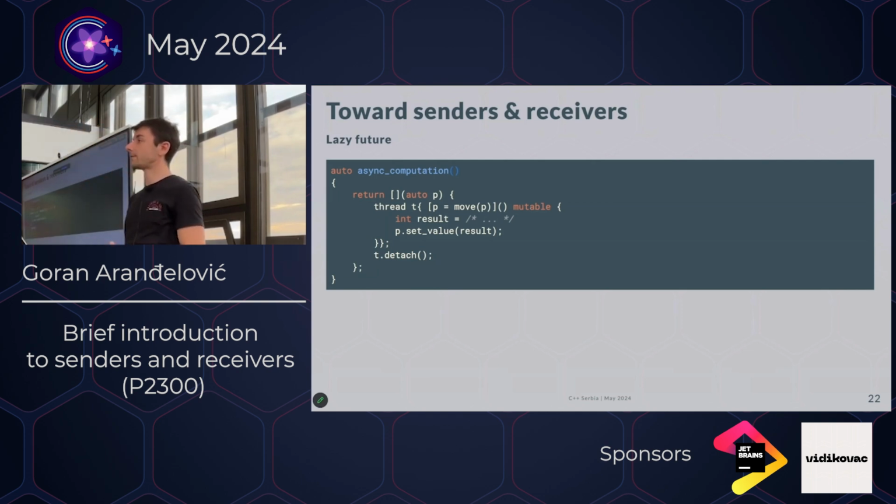So this function will just return a lambda, which is able to receive a continuation, in this case this promise, on which we will set this result. So basically, this is almost the same as the first example, but now we do not immediately spawn a thread or something. We just create a lambda that is able to do that, and we return that back.